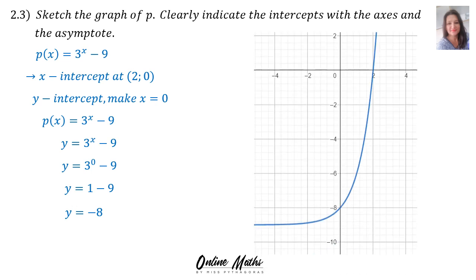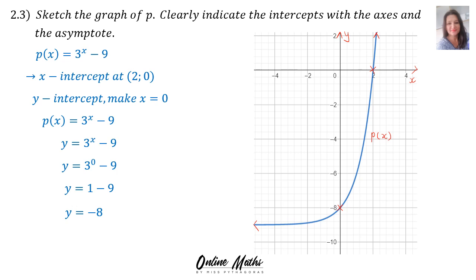So there's your graph, and there's a few important points. The x-intercept was given, it's the point (2, 0), and then you calculated your y-intercept is this point, (0, -8). And then you can also say this is the y-axis, this is the x-axis, and you can put your little arrows there, and you can say this is p of x.